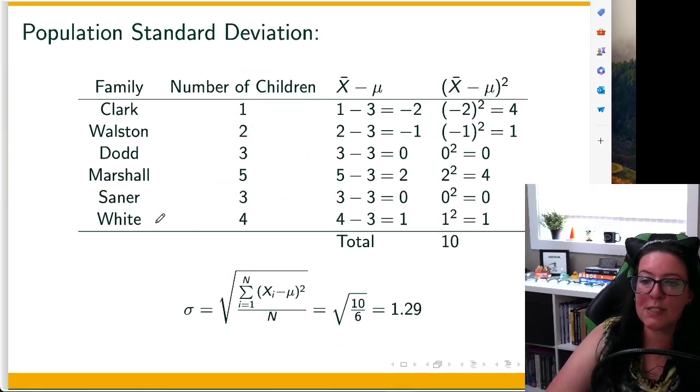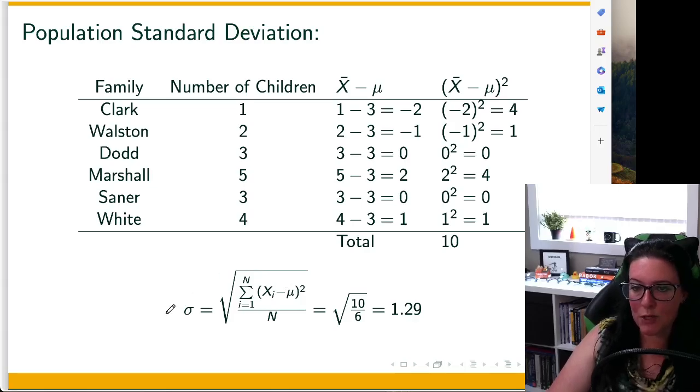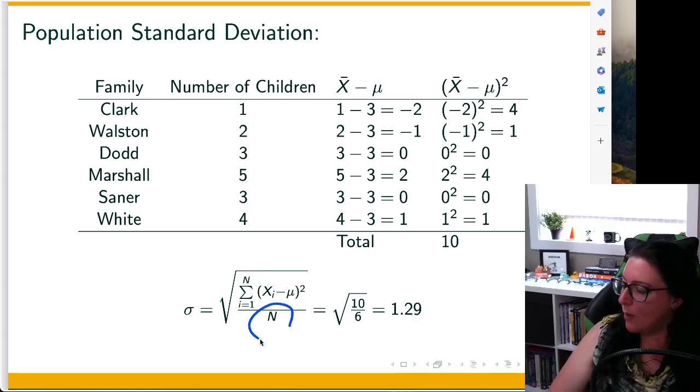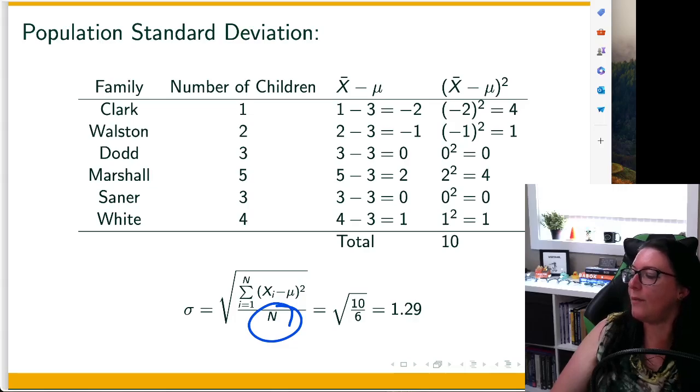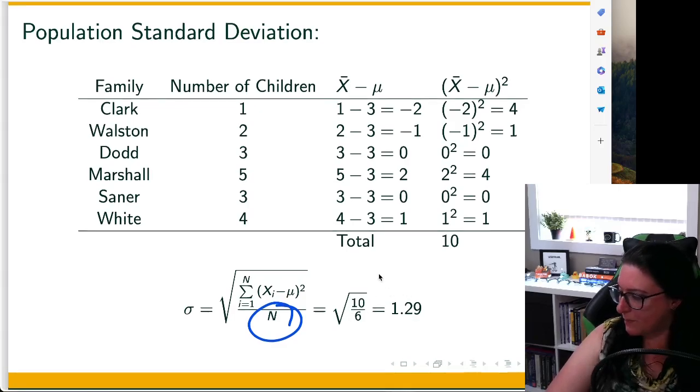The population standard deviation, the difference between population and sample when it comes to standard deviation, we talked about before. We're not dividing by n minus 1, we're just dividing by n. And so here the population standard deviation is found to be 1.29, taking each household's number minus the mean to find that population standard deviation.